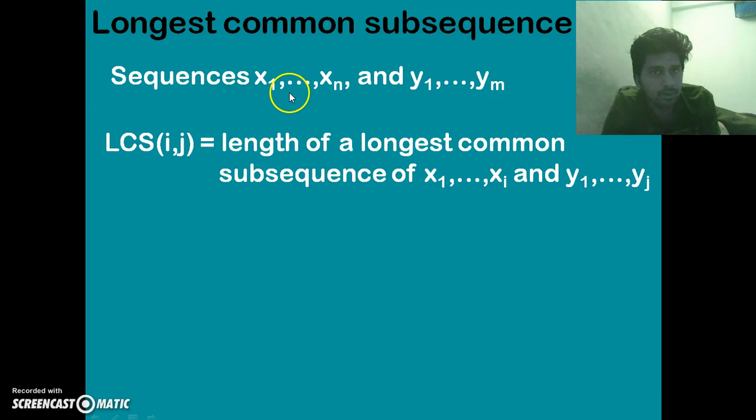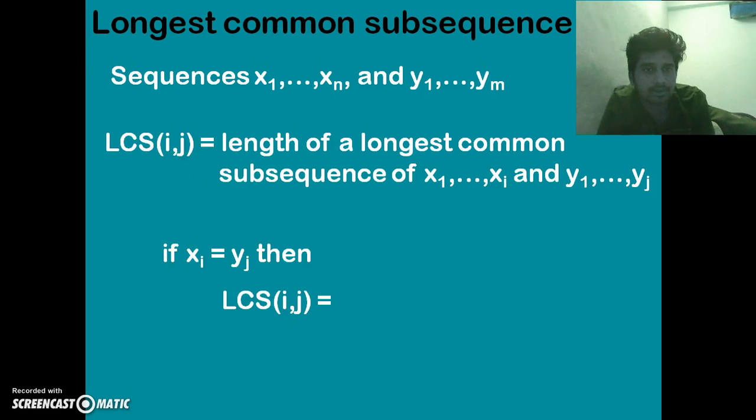Take sequences x1 to xm and sequences y1 to yn. The length of the longest common subsequence of x1 to xi and y1 to yj is represented by LCS of i, j.